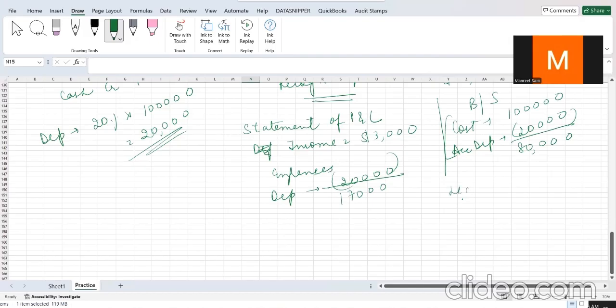On the liability side, I would show deferred income of 15,000 minus 3,000, that would be 12,000, right?